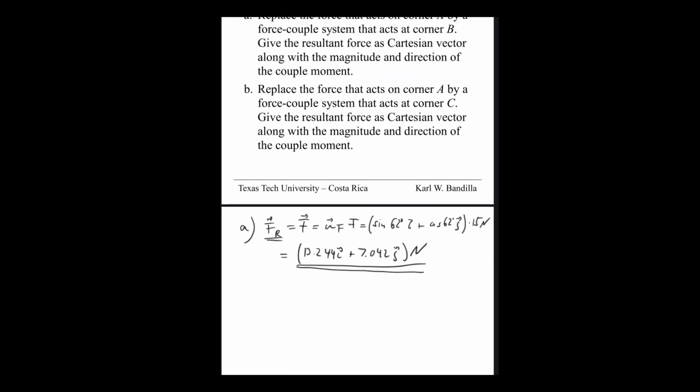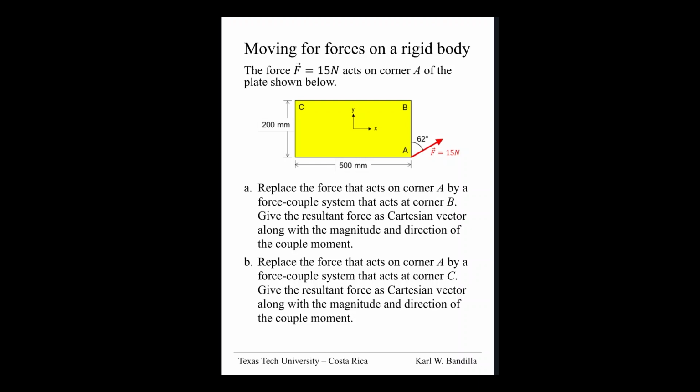Now we have to find the moment. We need the moment of all the forces acting on our plate with regards to B, because that's where we want to move it. The only force we have is F, and we've already split it into components Fx and Fy.